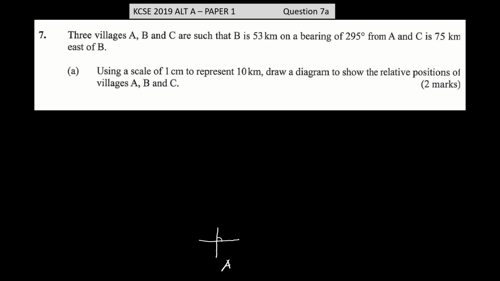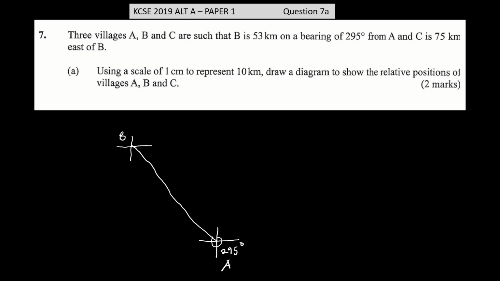From here to here, we have 90 degrees, we have 180 degrees, we have 270 degrees, and somewhere around there, we can have 295 degrees. So if you trace this up, we have our village B over here and we have village A. So this is 295 degrees.